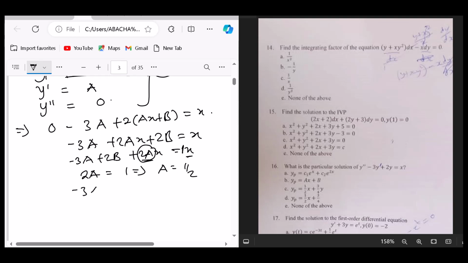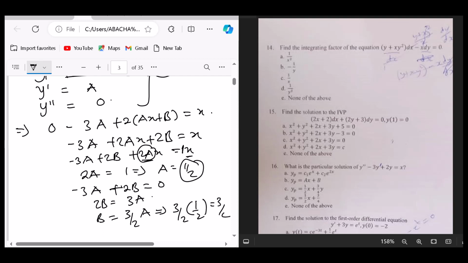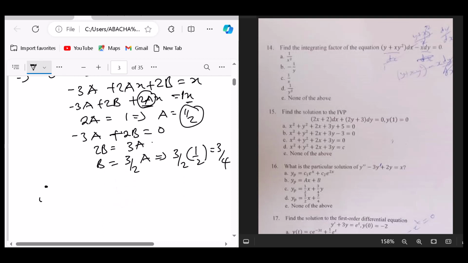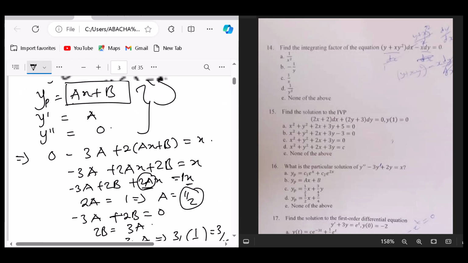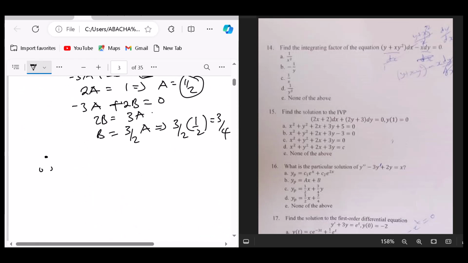Now negative 3a plus 2b is equal to 0. 2b is equal to 3a. b is equal to 3 over 2 a. But a is half. So this implies that we get 3 over 2 into brackets 1 over 2 equals 3 over 4. So therefore our y of p equals ax plus b, but our a is half, our b is this.